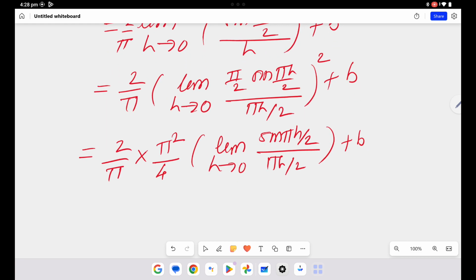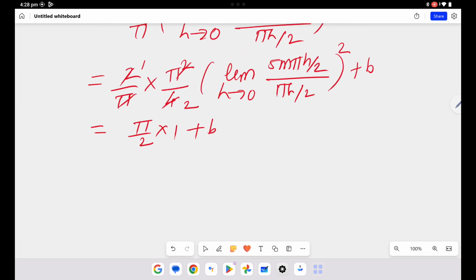Then we use the formula limit theta tends to 0 of sin theta upon theta is equal to 1. 1 pi gets cancelled. 2 ones are 1. 2 twos are 4. So which is equal to pi by 2. Which is equal to 1. And here 1 square is equal to 1. So multiplied by 1 plus b.